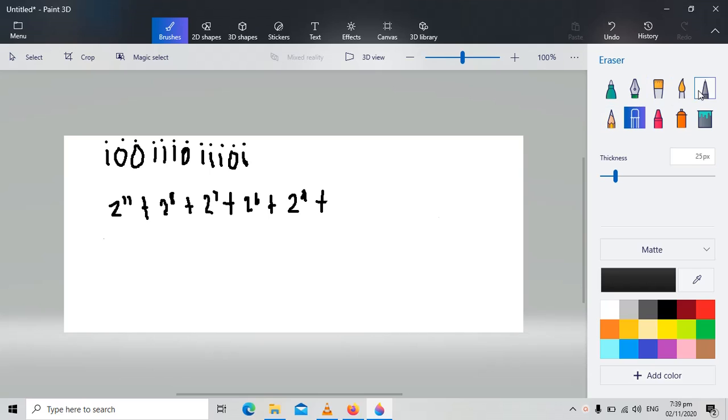Wait a sec, guys. 2 to the power of 3 plus 2 to the power of 2 and 2 to the power of 0. There.